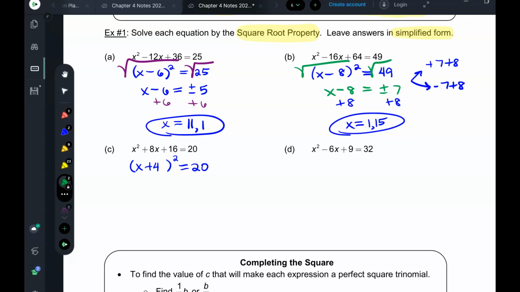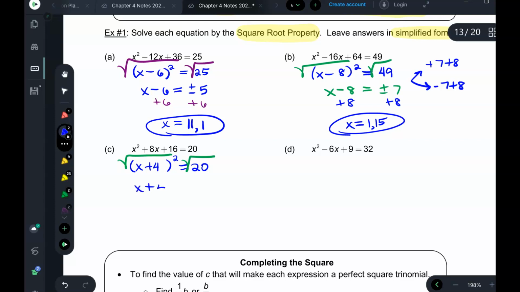Just like this was 6 and that was 36. This one was 8 and 64. Think about whatever the square root of that last one is. Now when we take the square root, wouldn't it be 2 square root of 5? It's going to be plus or minus 2 root 5, because square root of 20 can be broken down into 4 times 5, right? 4 is 2 times 2.